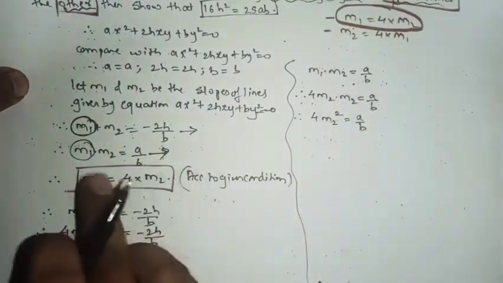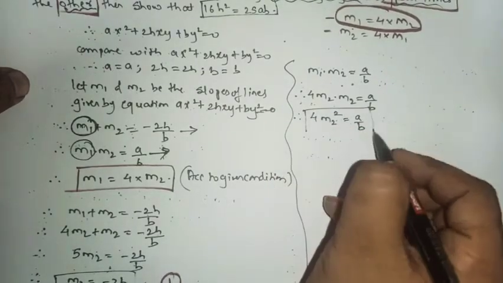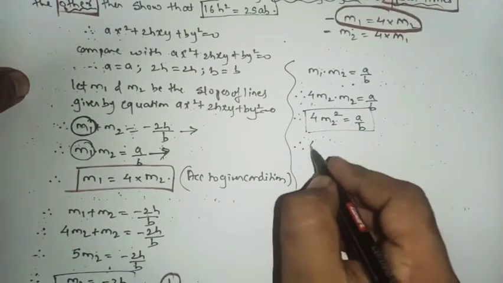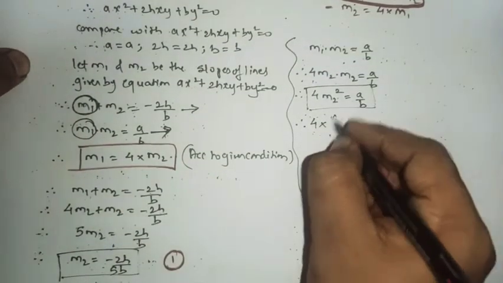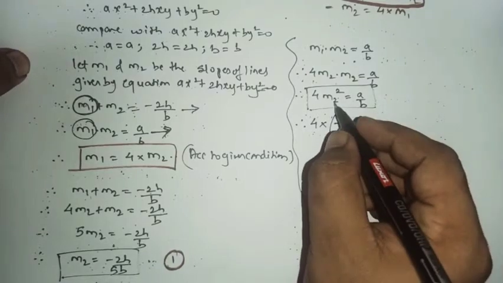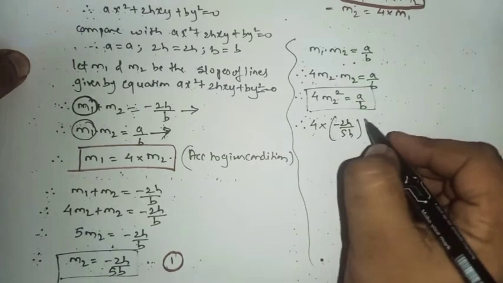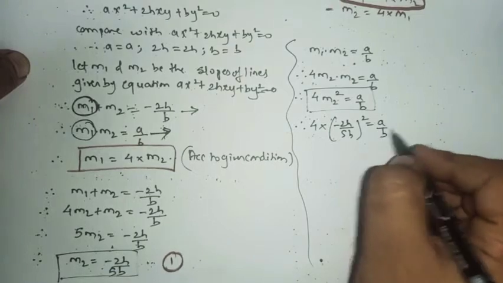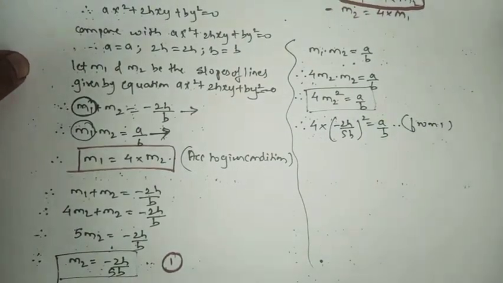So here when you take m1 into m2, you will get this section. As we know, we have the value of m2, what is m2? Minus 2h upon 5b. We have the individual value of m2, and then the whole square is equal to ab. Here you can write, from 1 we got the answer.